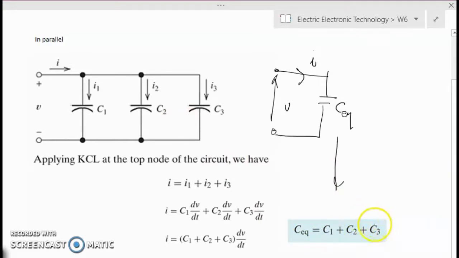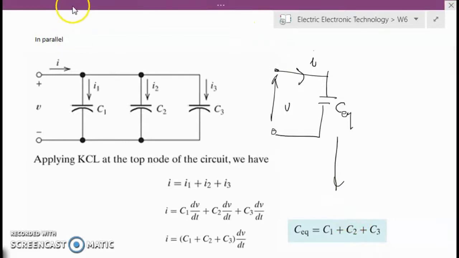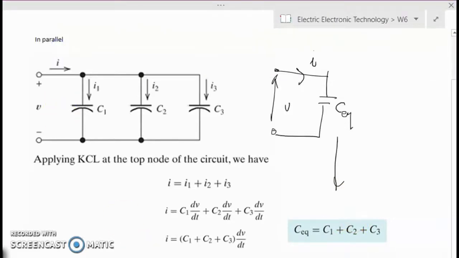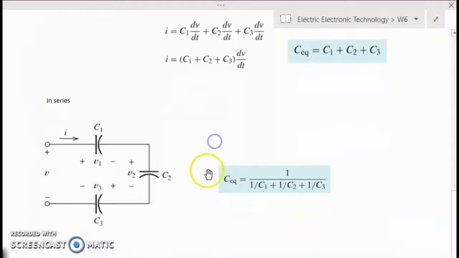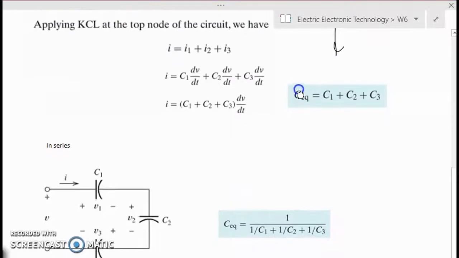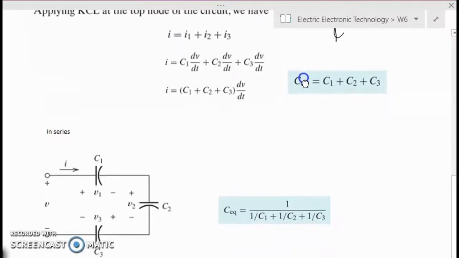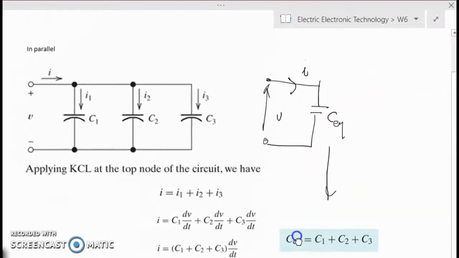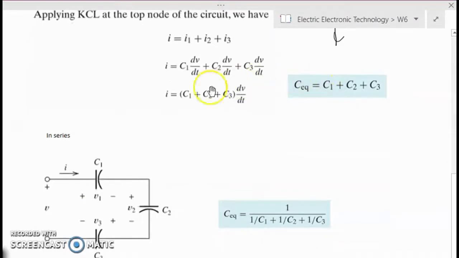So it's the opposite of resistance. Just by knowing that, we can deduce that for capacitors in series it is the opposite of resistances. C equivalent in series equals 1 over C1 plus 1 over C2 plus 1 over C3. So those are the equivalent capacitances for capacitors in series and in parallel.